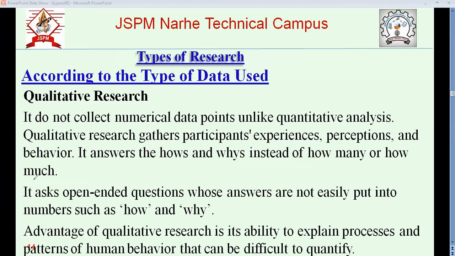So let us see. When we collect the data from the students or participants, the answers are not numbers. Okay.